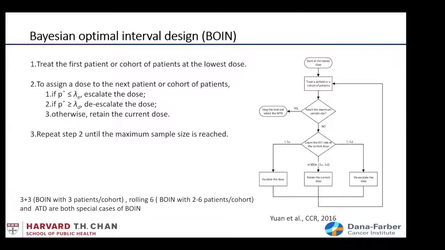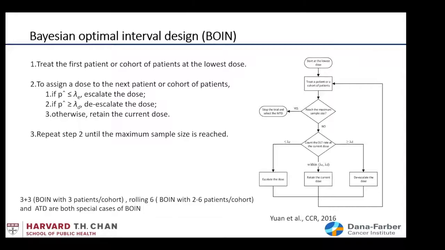If yes, you stop the trial and find the MTD. If no, you compare with the pre-specified intervals. If it falls on the left side of the interval, you escalate. If it falls on the right, higher side of the interval, you de-escalate. Within the interval, you remain at the same dose level.